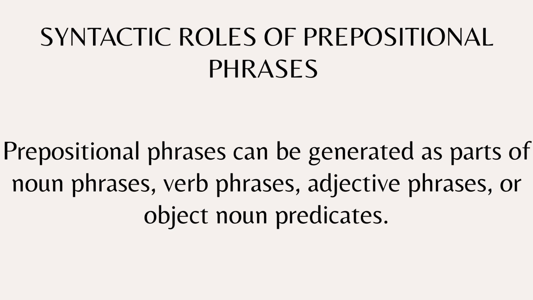Now, let's proceed to syntactic rules of prepositional phrases. This refers to the various grammatical functions that prepositional phrases can perform within a sentence. Prepositional phrases can be generated as part of noun phrases, verb phrases, adjective phrases, or object noun predicates.